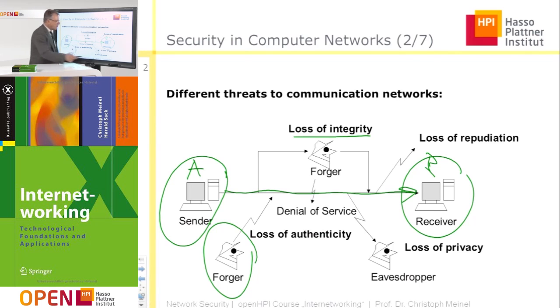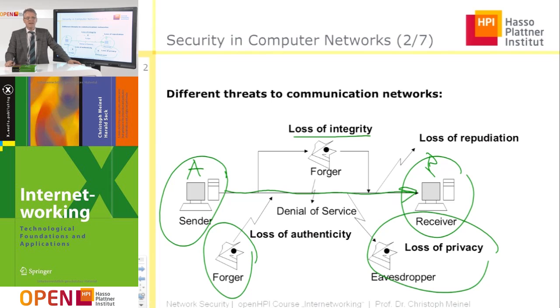There is a possibility to get insight into very private information. An eavesdropper can see and control all kinds of communication. And if no security measures are taken, like encryption, then a third party can easily see all the messages sent from Alice to Bob.